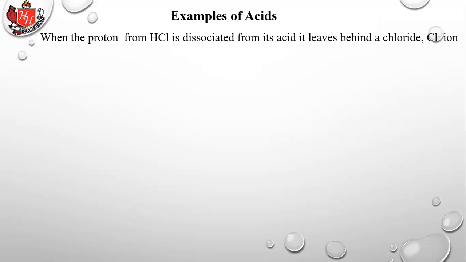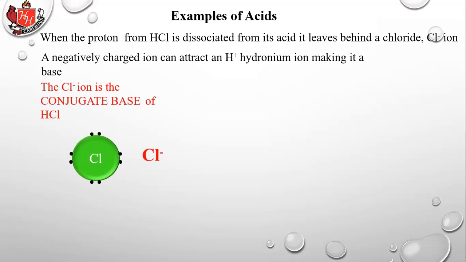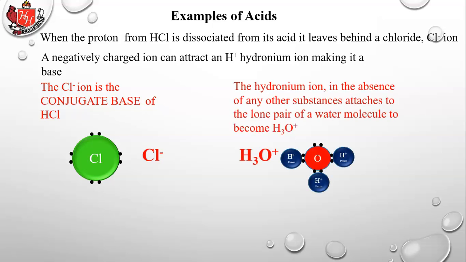When the proton from HCl is dissociated from its acid, it leaves behind the chloride ion. A negatively charged ion can attract an H+ hydronium ion, making it a base. So the Cl- ion is the conjugate base of HCl. The hydronium ion, in the absence of any other substances, attaches to the lone pair of a water molecule, becoming H3O+.